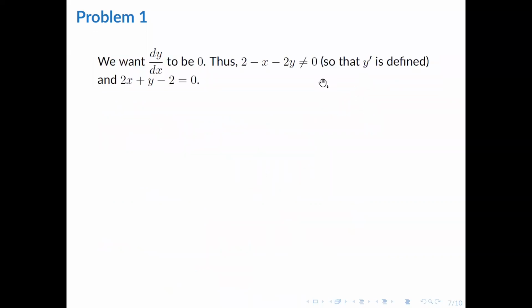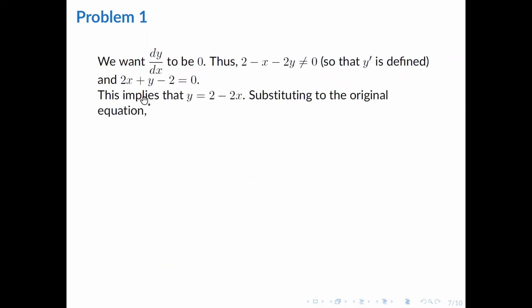Yes, it's just a restatement. Okay, so this one implies that y should be equal to 2 minus 2x. So we substitute that to the original equation. Let me just write down the original equation.